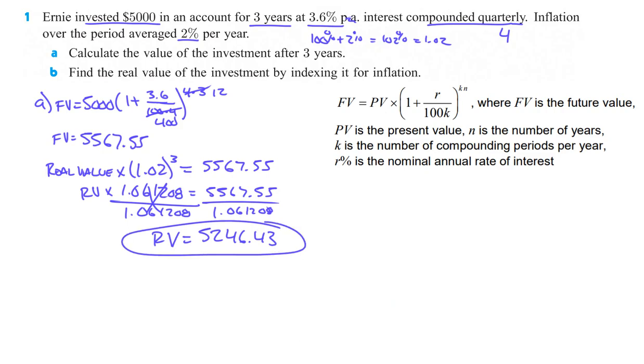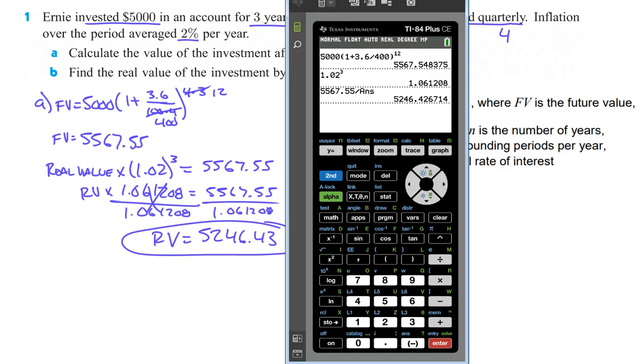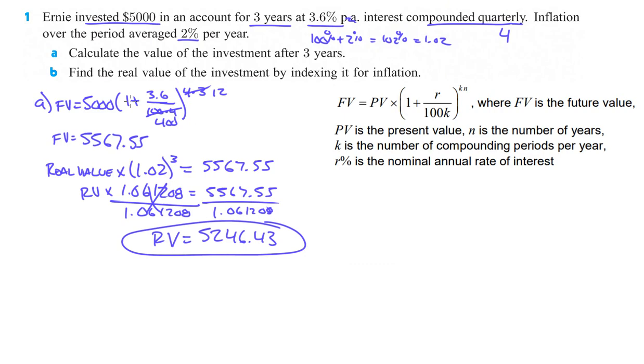5,246.43 is the real value of his investment, meaning that, let's see, I'm trying to figure out the best way to explain this. He's basically really only gaining $246.43 in real value because of inflation.